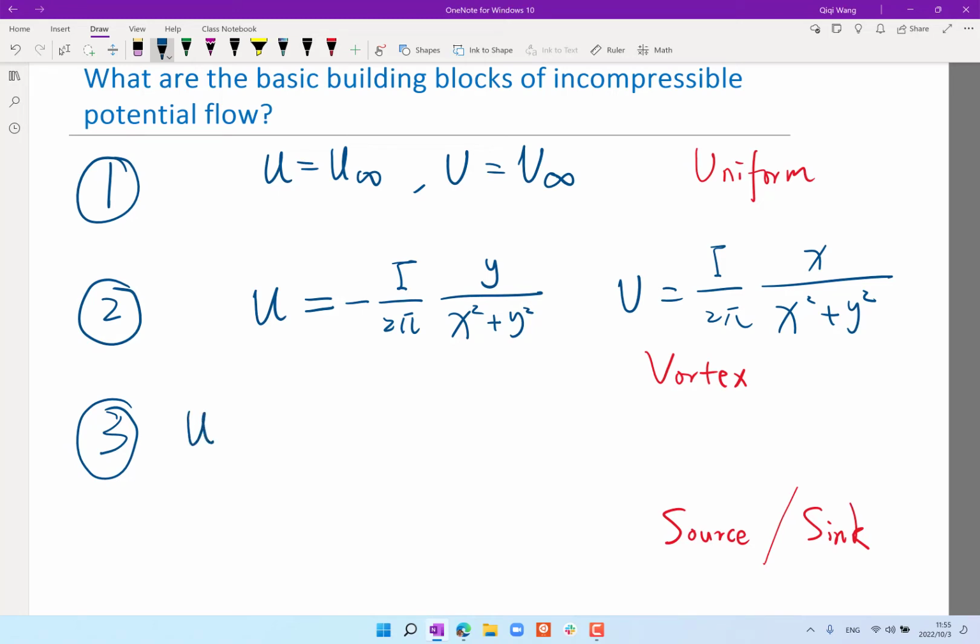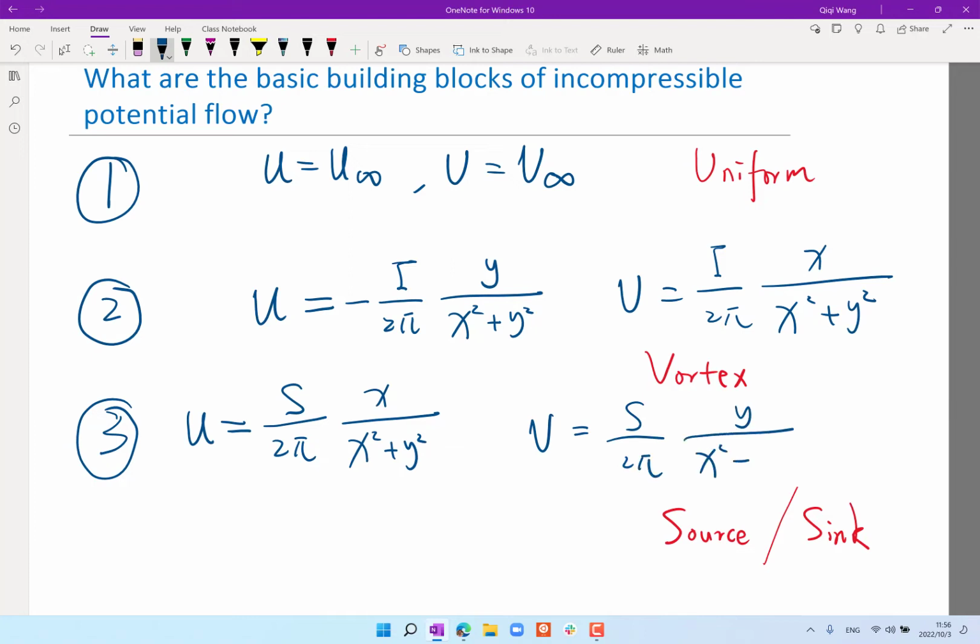So here, U is equal to S, the strength of the source, over 2 pi, times x divided by x squared plus y squared. And V is equal to S over 2 pi, times y over x squared plus y squared. I'm not going to go through the math, but it is pretty much the same as for the vortex.